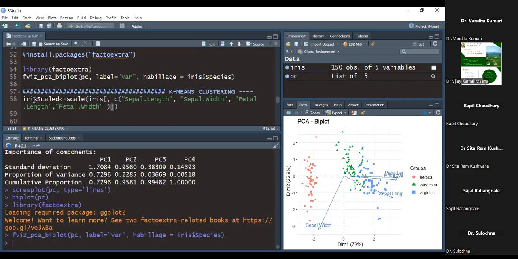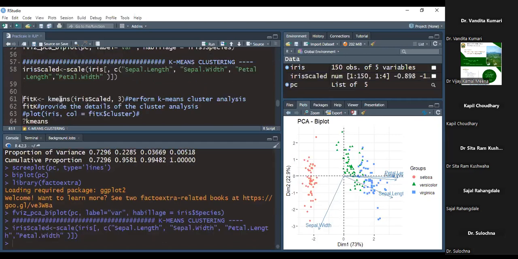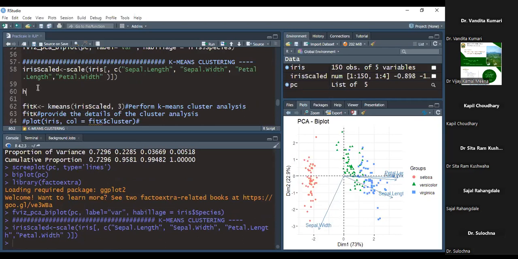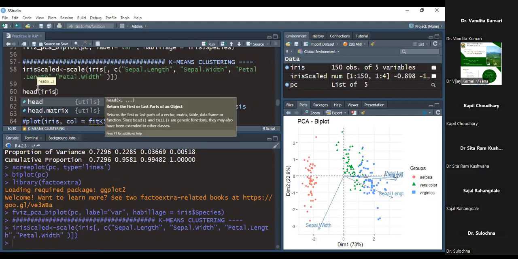This will give us the scaled values, stored in the variable iris_scaled. So iris_scaled has the scaled values. If you would like to see the data, write head(iris_scaled).